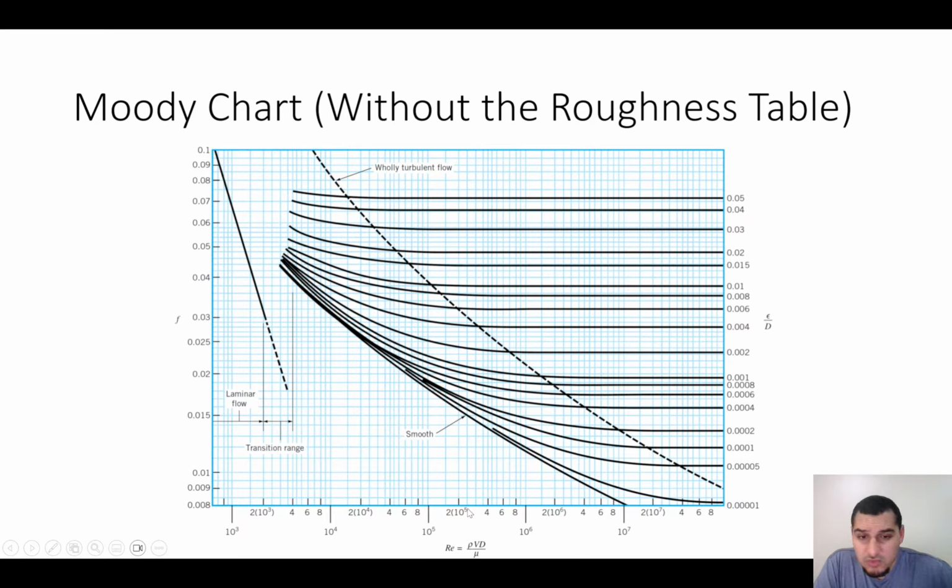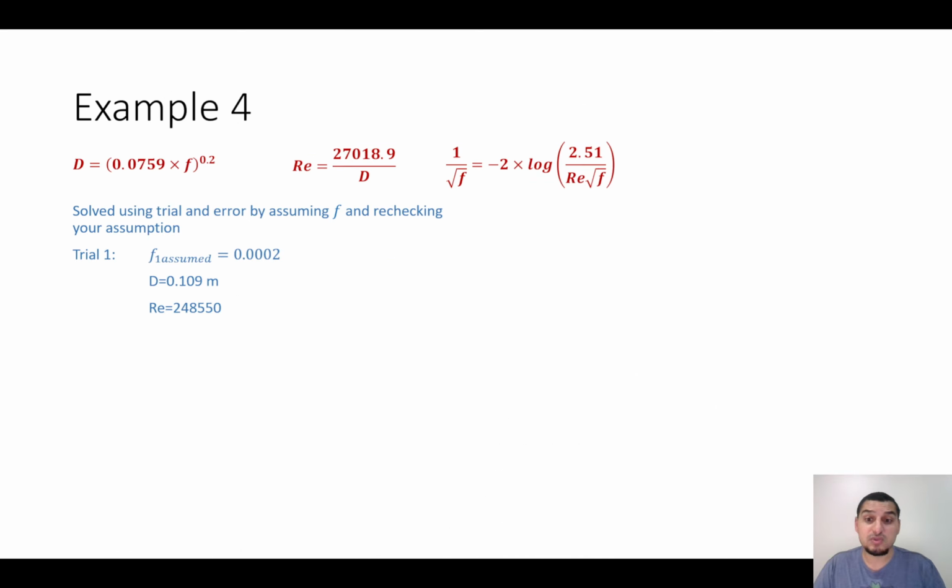So 2 times 10 power 5 is this grid line, and now we are going to intersect this line with the smooth pipeline here, and this will be 0.015. Okay, so this is the friction factor that we should get from the equation.